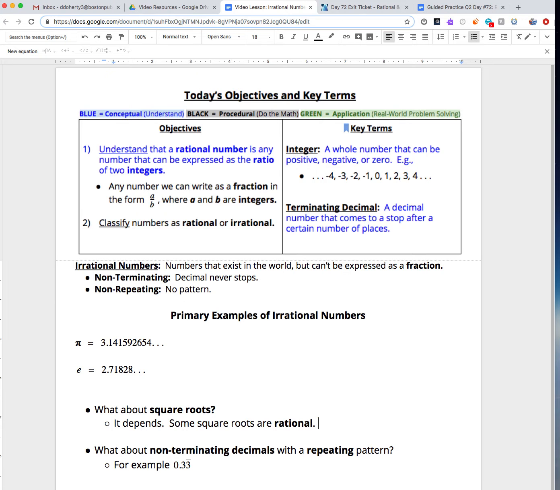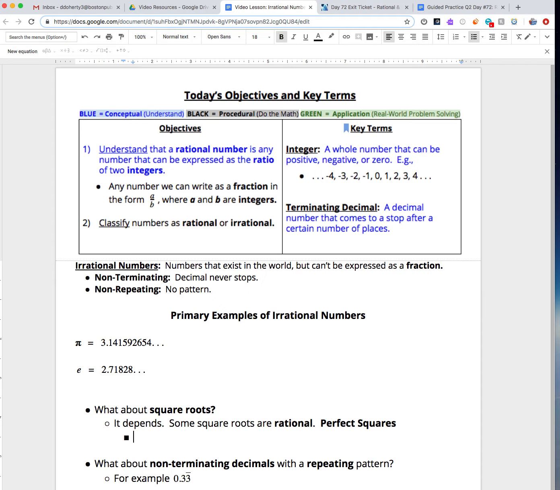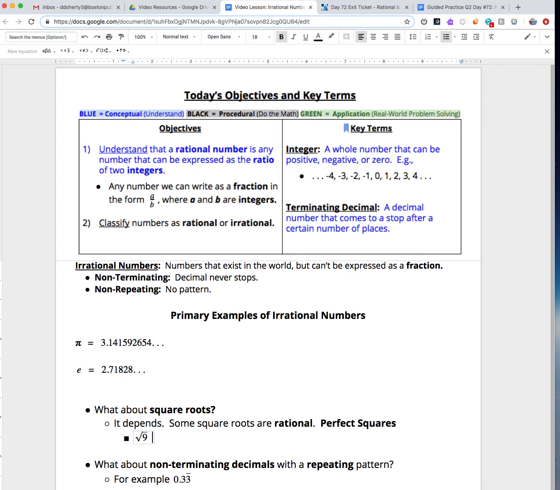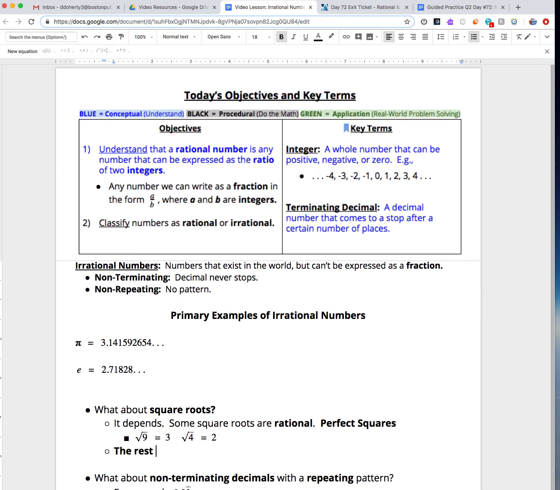Which square roots are going to be rational? It's the perfect squares. Some examples: the square root of 9, because that equals 3. The square root of 4, because that equals 2. And any of our other perfect square roots. But the rest of the square roots are going to be irrational.